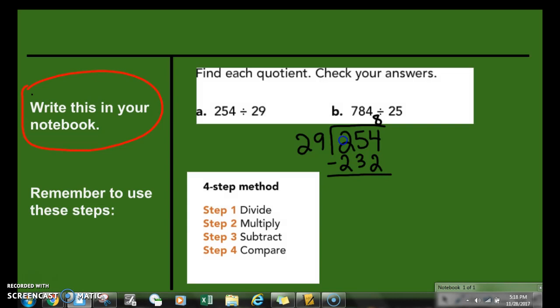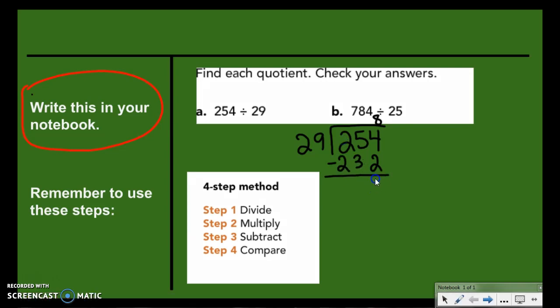So 254 minus 232. 4 minus 2 is 2. 5 minus 3 will also give us 2. And then 2 minus 2 will give us 0. So right now, our remainder is 22. So 29 can fit into 254, 8 times with 22 as a remainder.